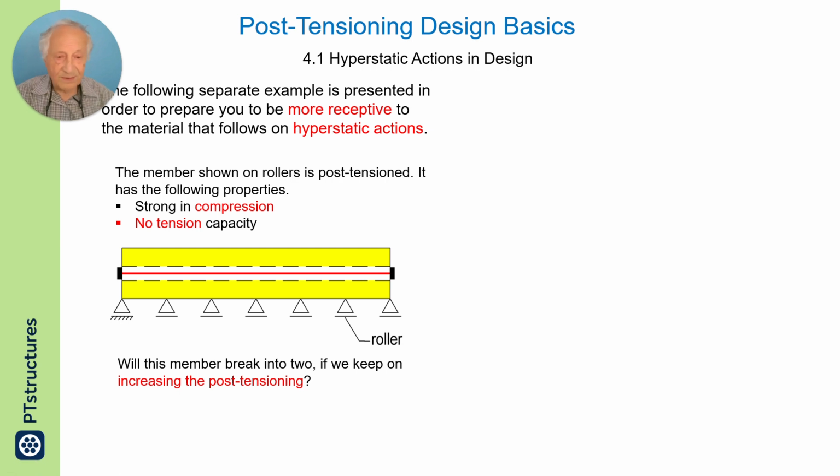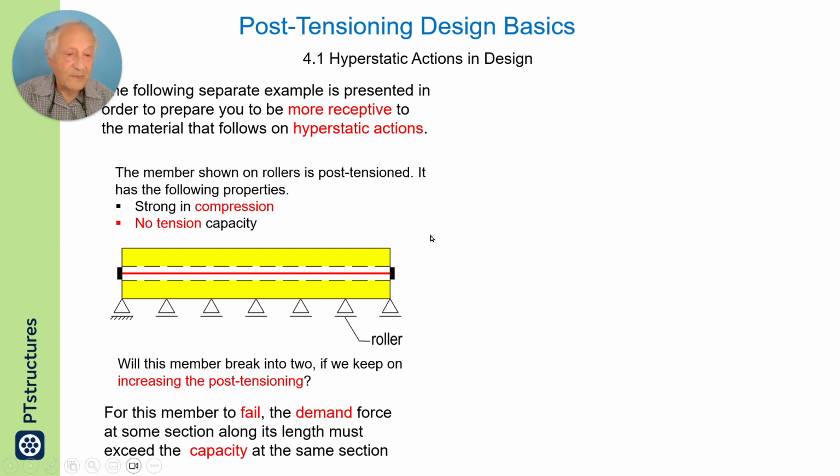So you know the answer, but I'm going to give the answer approaching differently, because the focus is on the approach in getting the answer, not the answer itself, because the answer is straightforward. What we will do is we will try to envisage the failure and then determine what is going to be the demand at the face of the failure and what is going to be the capacity of the member at the face of the failure.